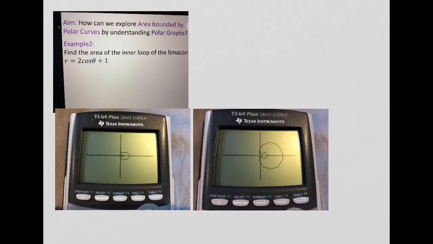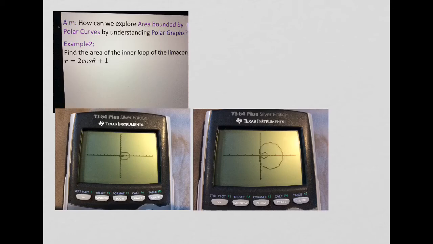You do usually want to start out with a standard window, so Zoom 6, and that's the one on the left. But you don't really see it very clearly. What you do see is where it starts to be plotted. So it seems to have a radius of 3 when theta is 0. So it starts all the way out to the right where there isn't an inner loop. And then as it starts to go around, it creates an inner loop and then comes back around.